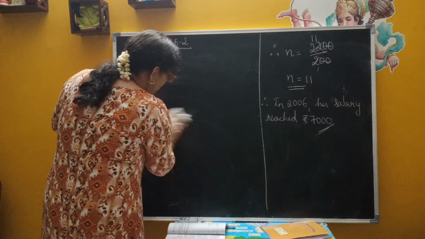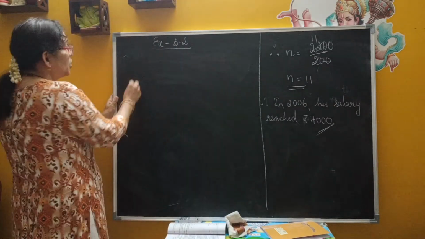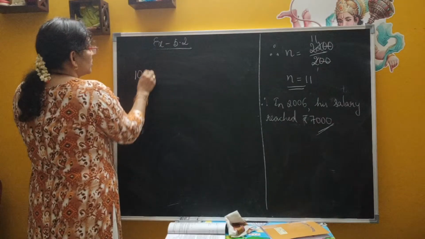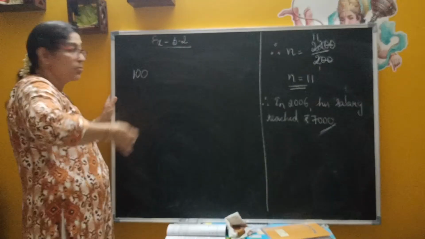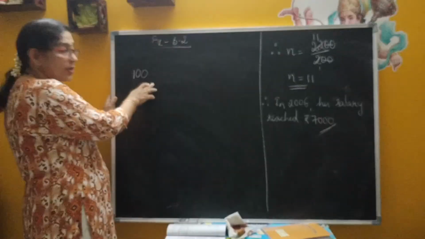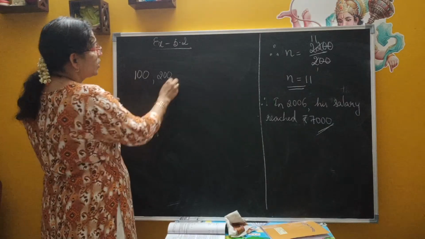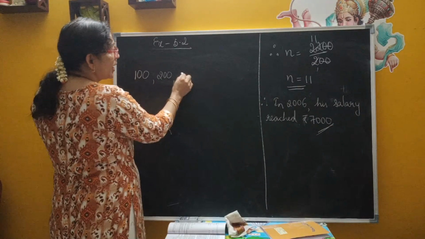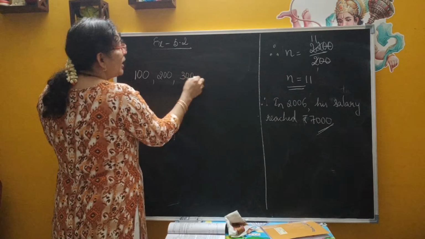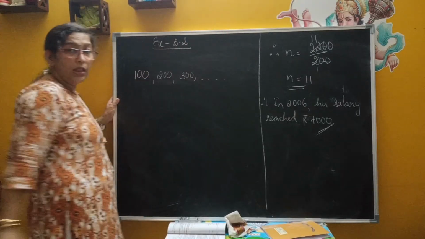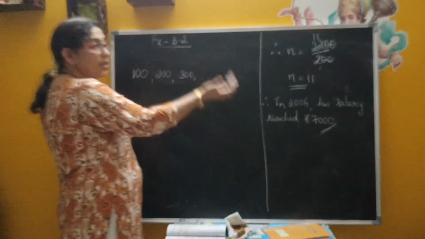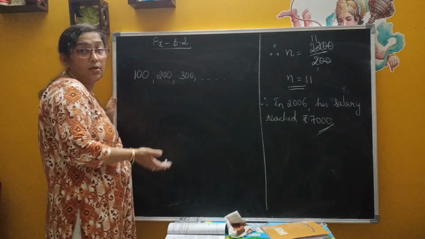Let me give an example. Suppose you are saving 100 rupees each month. So 100 rupees is the first term. Then the second term, 100 plus 100, becomes 200. Next, 200 plus 100 becomes 300. At the end of 10 months, what is your total savings?